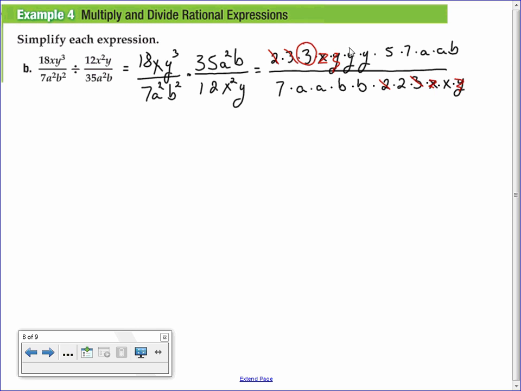There's a couple more y's left over here. 5, and no 5's down there. 7, 7, A, and A, A, and A, B, and B. So what's left on the bottom looks like not a lot. Now we'll go ahead and multiply top times top. 3 times 5 is 15. Y squared over 2bx.